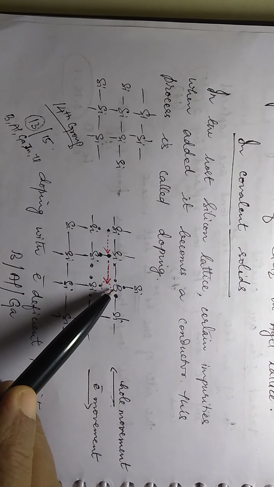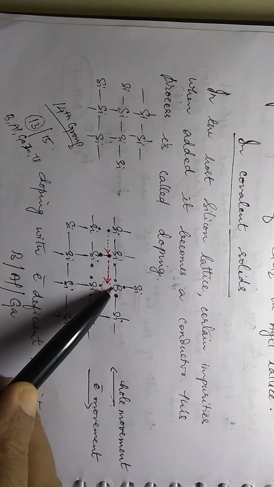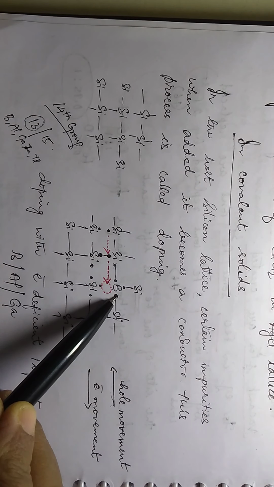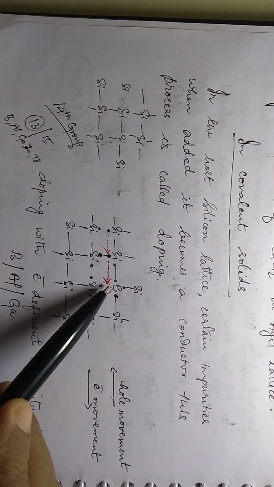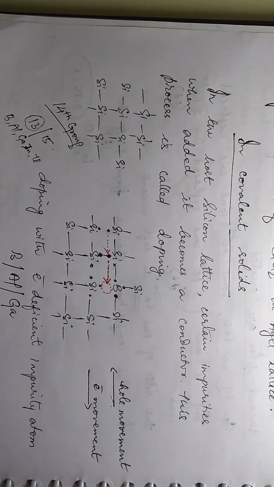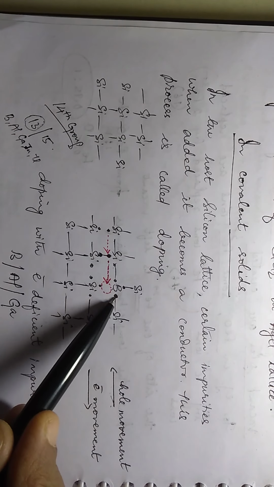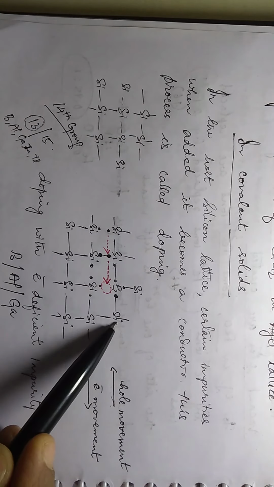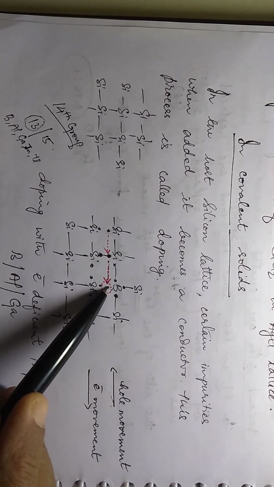So when it is getting itself accommodated in the place of silicon, only 3 valencies it can satisfy, and the 4th valency of silicon has to share with 1 more electron. That electron is not there with boron. It is having only 3. It is sharing with the other 3 silicon atoms. There is no 4th electron with boron. इस सिलिकन के साथ शेयर करने के लिए बोरॉन के पास इलेक्ट्रॉन है ही नहीं.